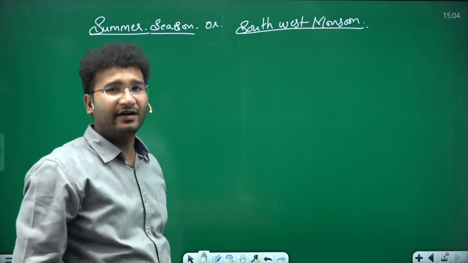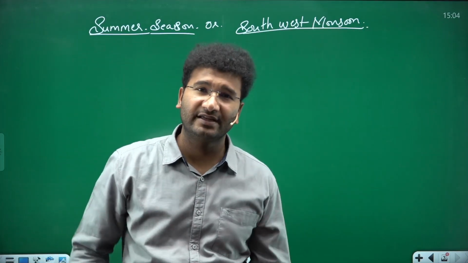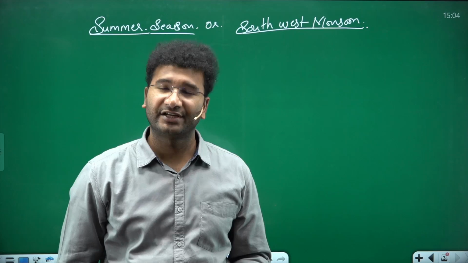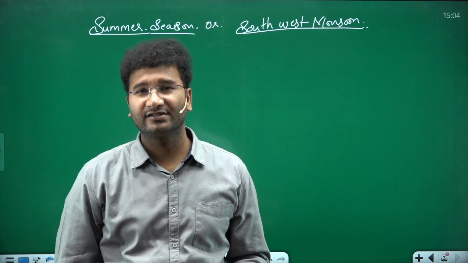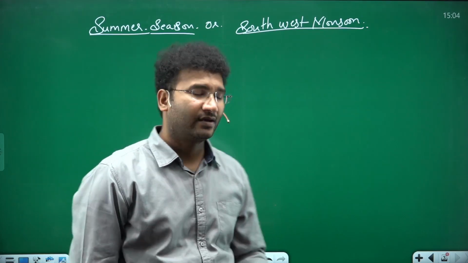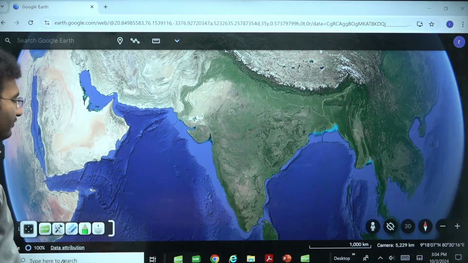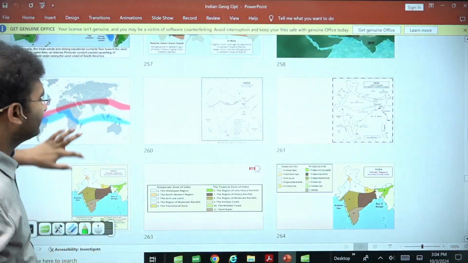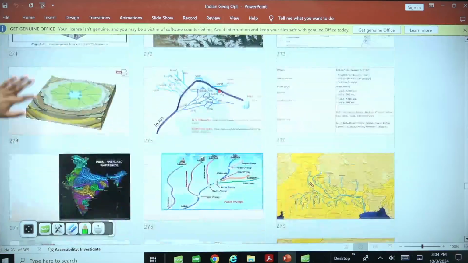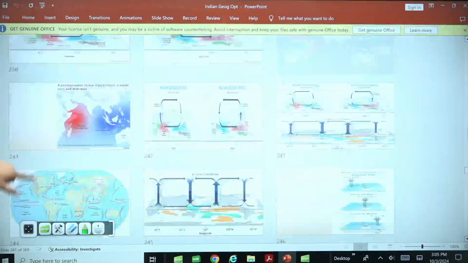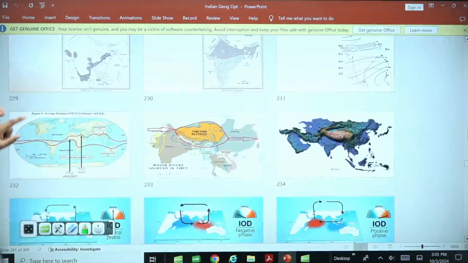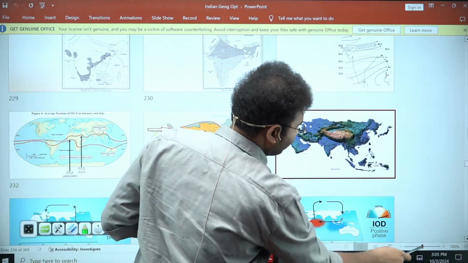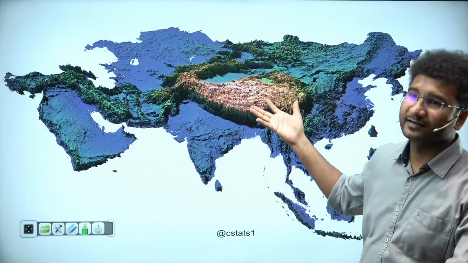For this, again, you need to understand what exactly the jet stream is, where exactly the jet stream is, and how the wind systems are moving. As you come back, let me give you the topography of this part of the area. The topography of these regions is very unique. You need to understand the topography, especially in these areas. Let me show you how the topography of these areas looks. The topography of India is like this.